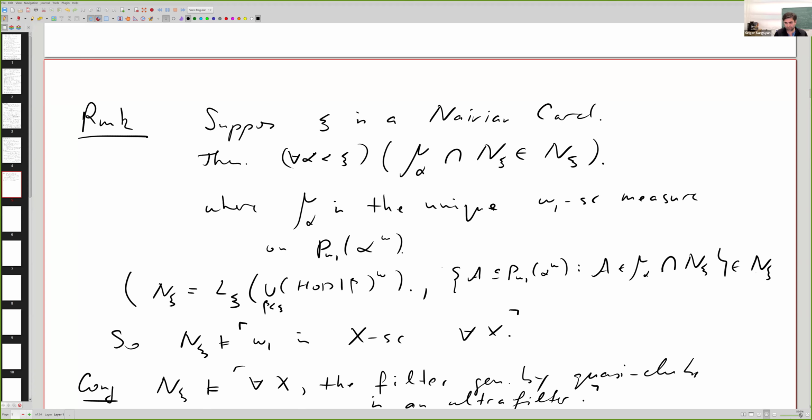So I can define the outer filter, but I just know this is a set, but I don't know the reason why it's in the measure.